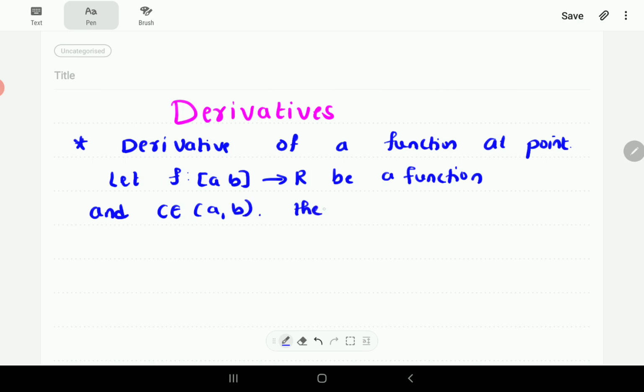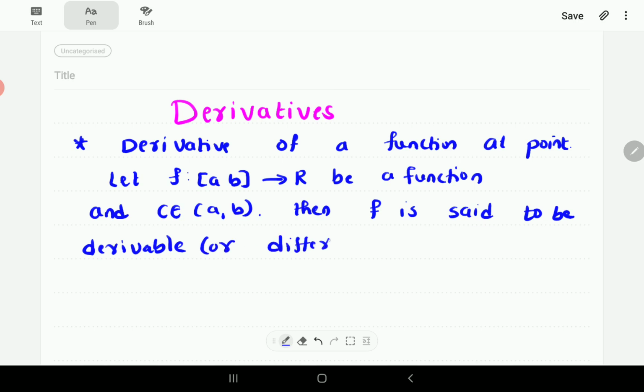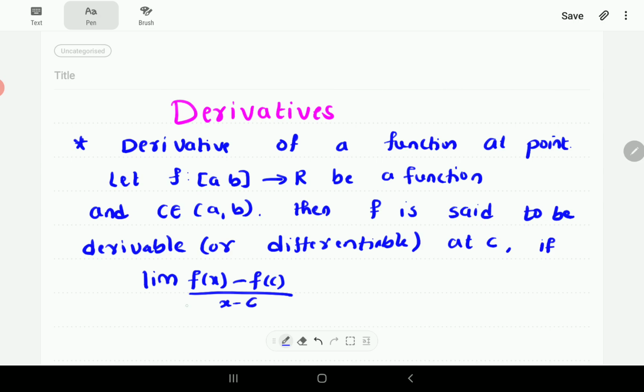Then f is said to be derivable or differentiable at the point c if the limit of (f(x) - f(c)) / (x - c) as x tends to c exists.